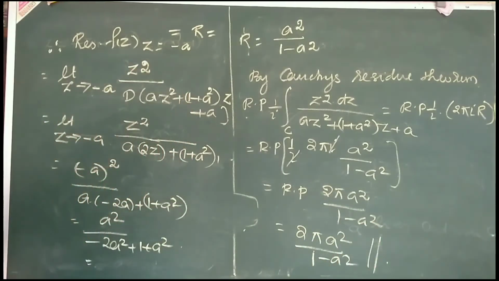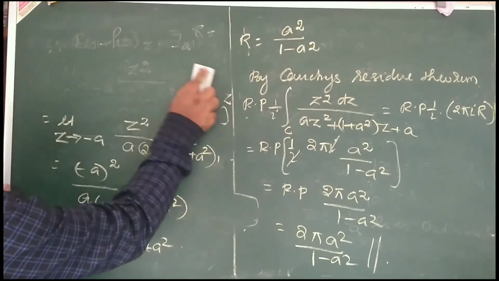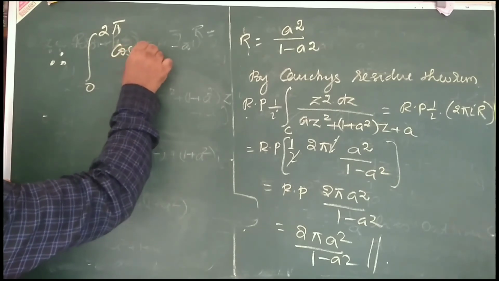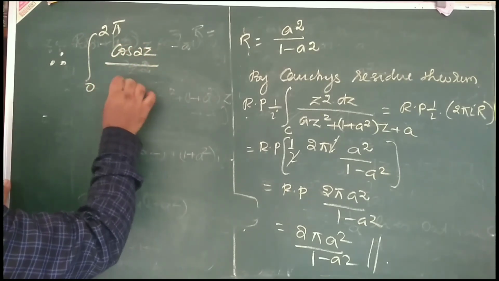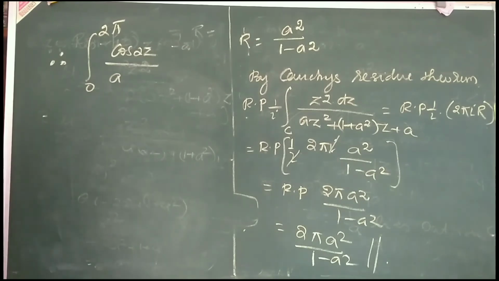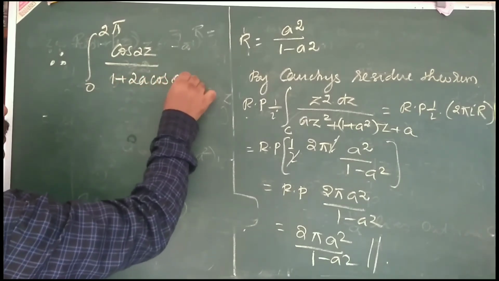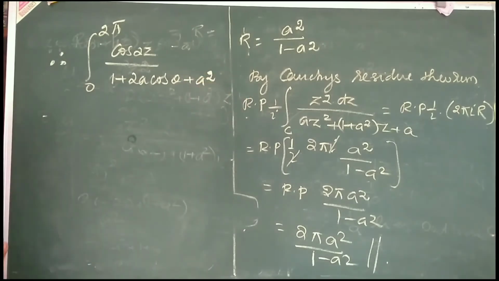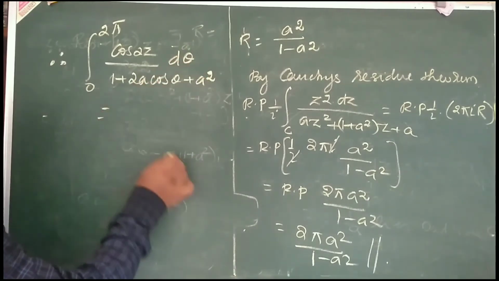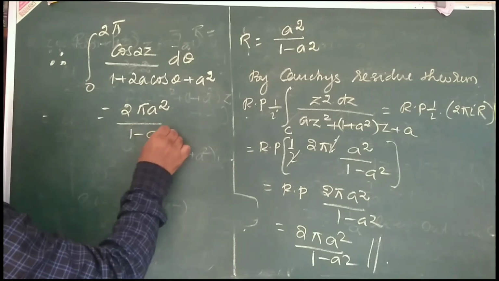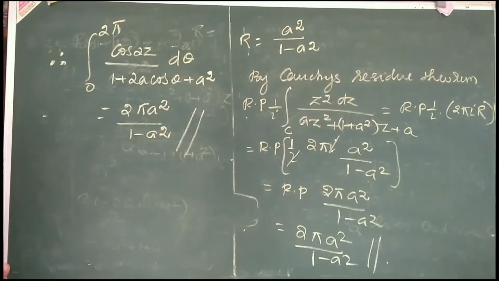That is, our integral from 0 to 2 pi of cos 2 theta divided by 1 plus 2a cos theta plus a square, d theta, is equal to the same value, that is 2 pi a square divided by 1 minus a square. So this is our required answer.